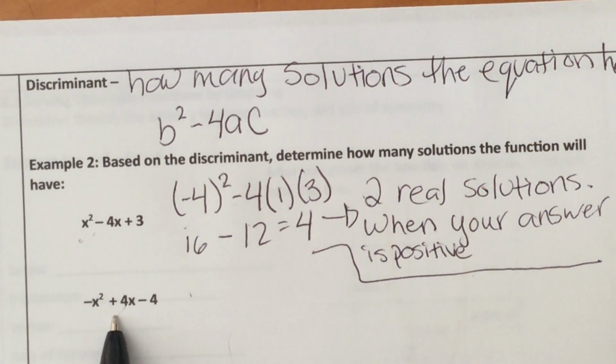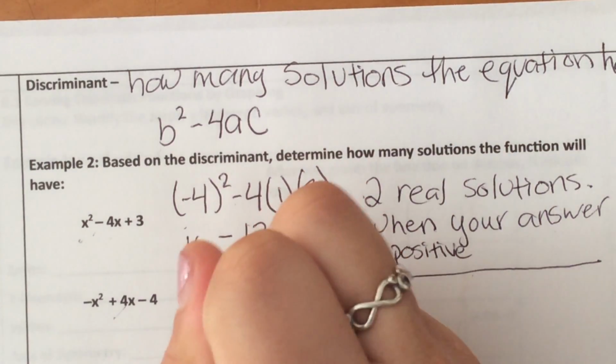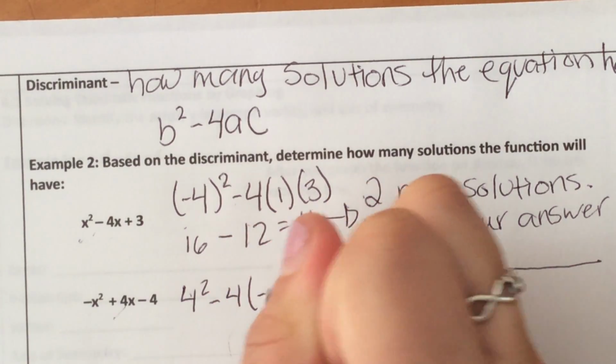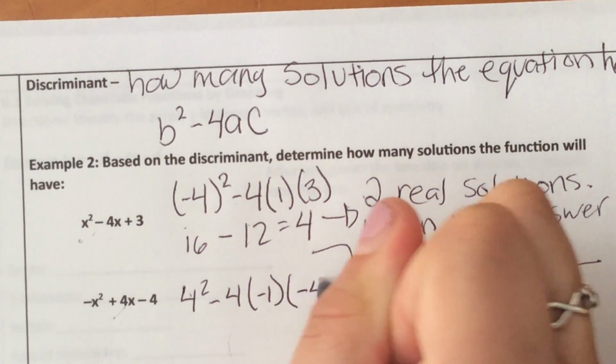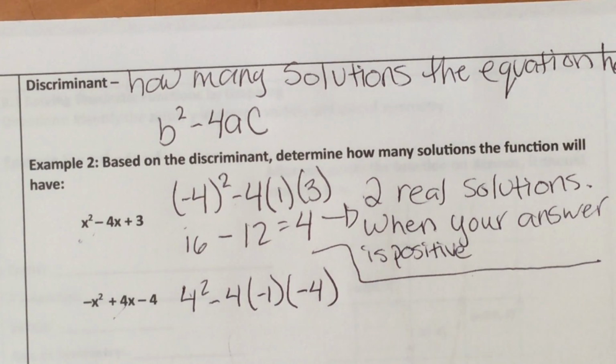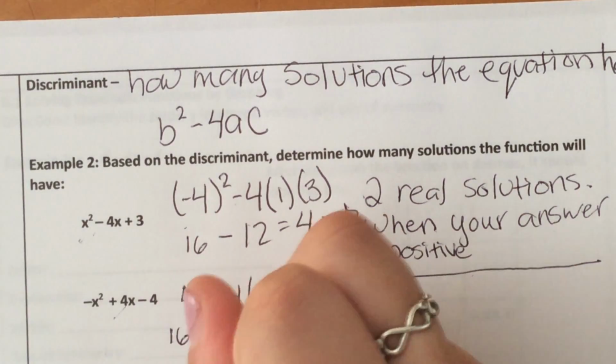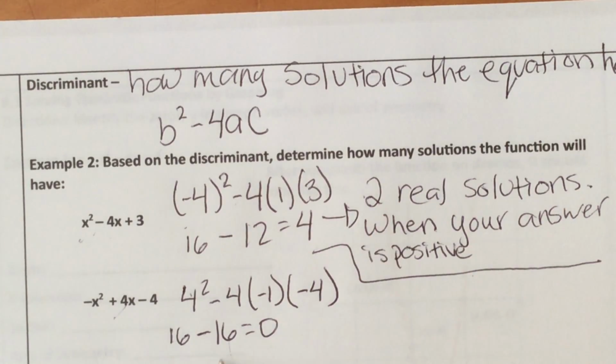Okay, so now let's look at the next one. So now I have my a value as negative 1, my b value is 4, and my c is negative 4. So we have 4 squared minus 4 times negative 1 times negative 4. 4 squared is 16. Negative 4 times negative 1 is positive 4. Positive 4 times negative 4 is negative 16. 16 minus 16 is 0.